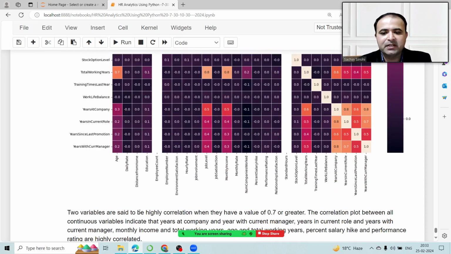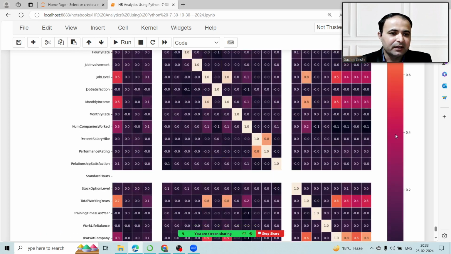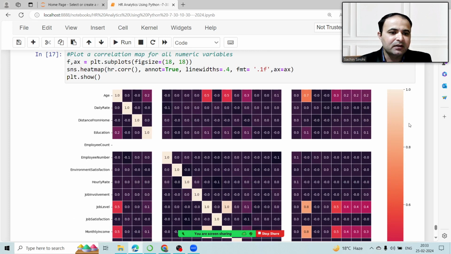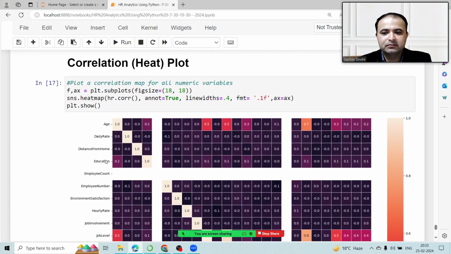So the two variables are highly correlated when the value is greater than 0.7, like above, education, distance from home. Obviously if you are skilled, the salary demand is high.